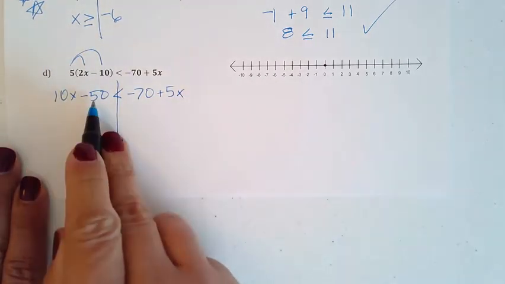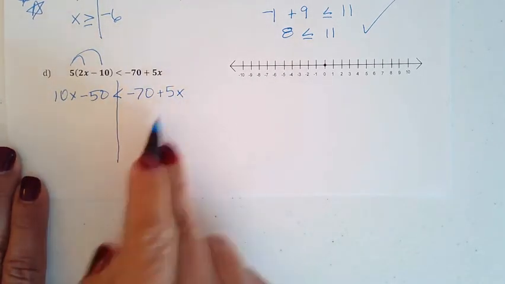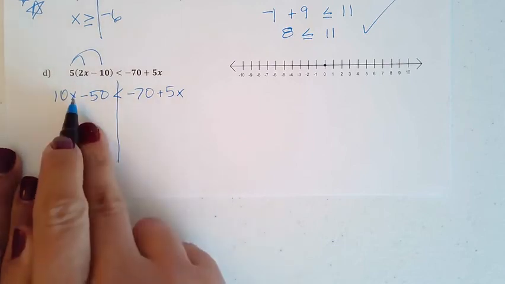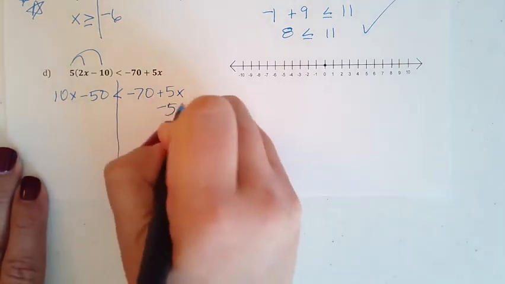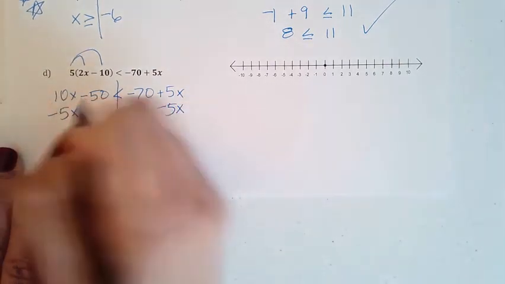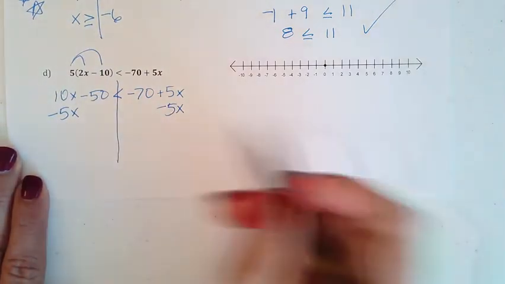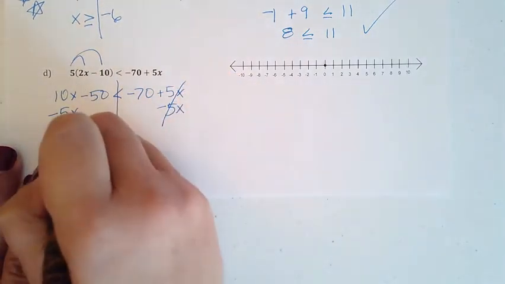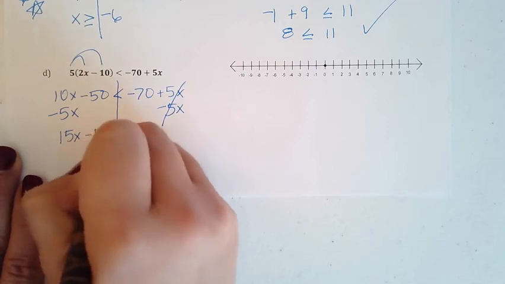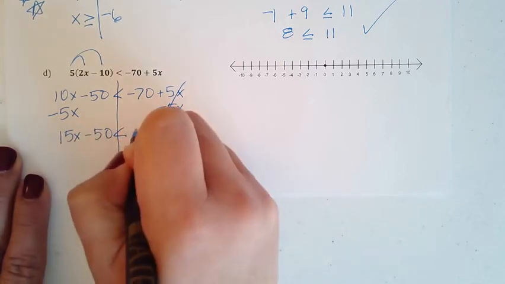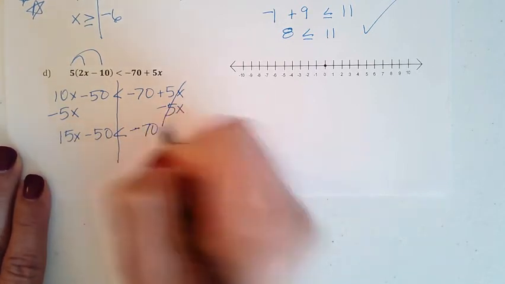This side's all cleaned up and combined. This is too, but we've got variables on both sides. So I'm going to move all the variables to one side, and it would have been okay to move them to the right. And I'm left with 15x minus 50 is less than negative 70.